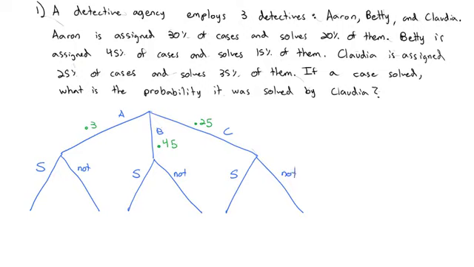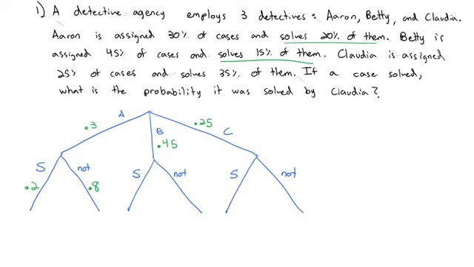And we can put probabilities on these based on our information. If it's assigned to Aaron, Aaron solves 20% of his cases. So Aaron solved is 20%, which means the not solved must be the rest of them. Well, 20% and 80% will make that 100%. So subtracting from 1, the not solved has a probability of 0.8.